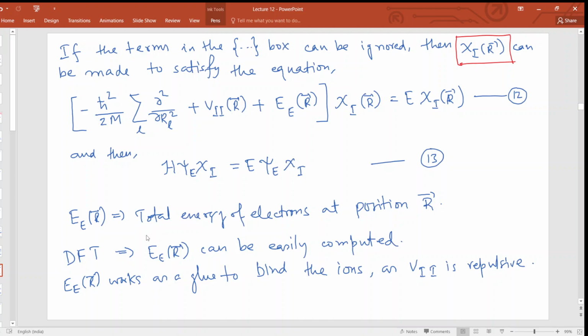So here EEL will be the total energy of the electrons at position R, and these energies can be easily computed within the framework of density functional theory. Okay, which we will again come back to later, what is density functional theory, at the end of this. And EER works as a glue to bind the ions, because VII is repulsive.